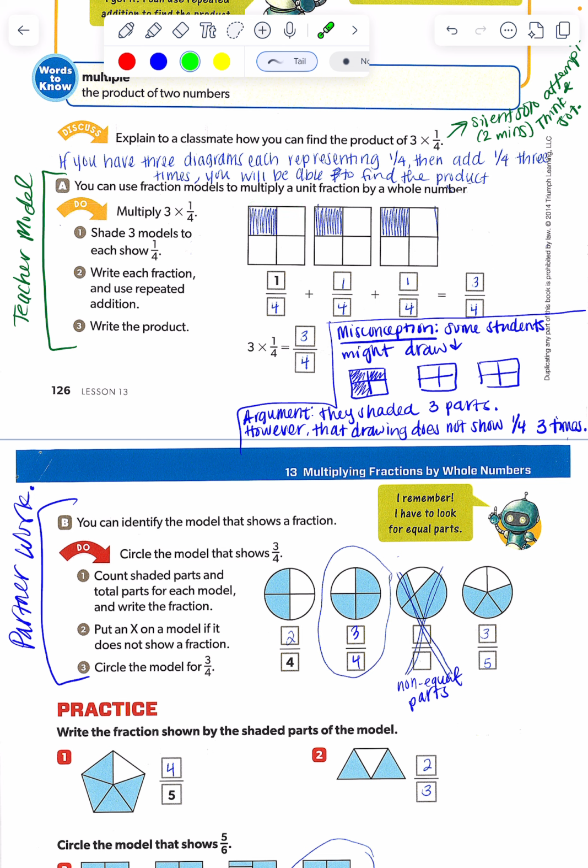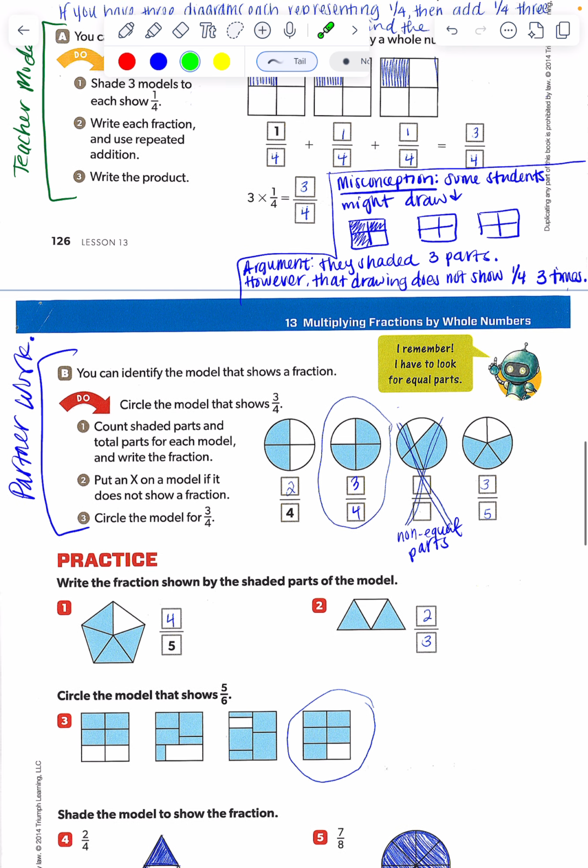You're going to show them 1/4 a total of 3 times. It's 1 time, 2 times, 3 times, right? Again, 1/4 3 times. 1/4 plus 1/4 plus 1/4. Denominator stays the same. The numerator is the only thing that changes. 1 plus 1 plus 1 gives me 3, okay? That means that 3 times 1/4 gives me 3/4.